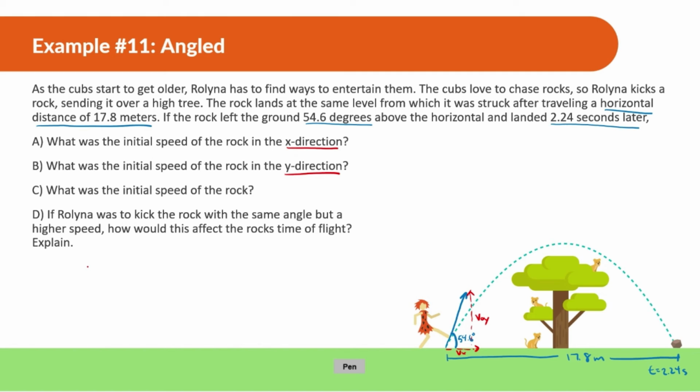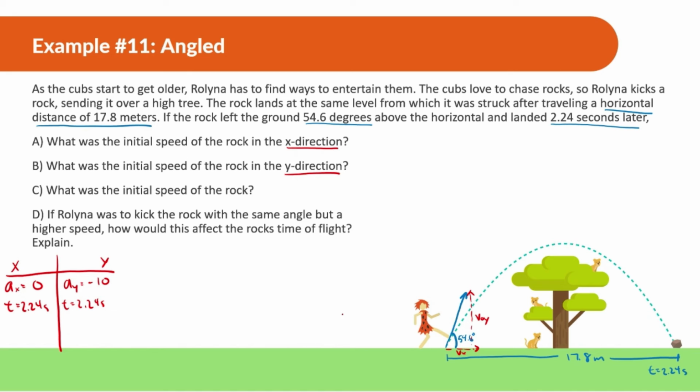Okay, so let's find everything we know in the x and y direction to help us here. Again, love starting with acceleration because it's always the same. Not always, almost always. And then let's see, what else do we know? We know the time and time is the only one that's the same for both, 2.24 seconds. And then we know the angle, but that's not really helping us here.